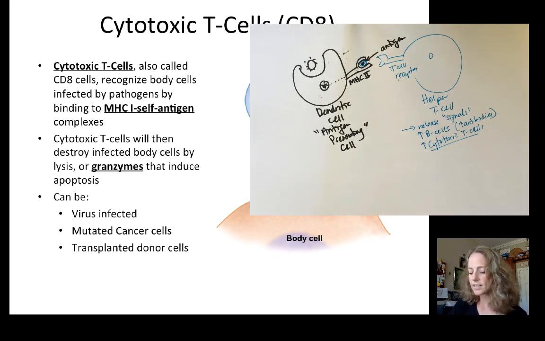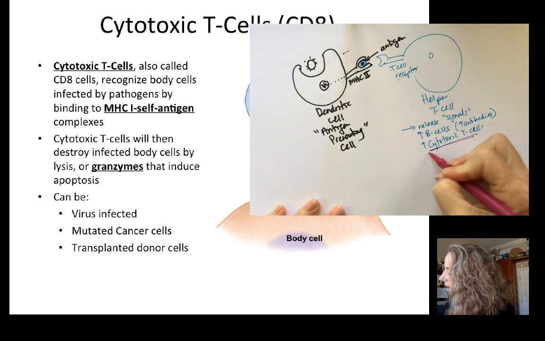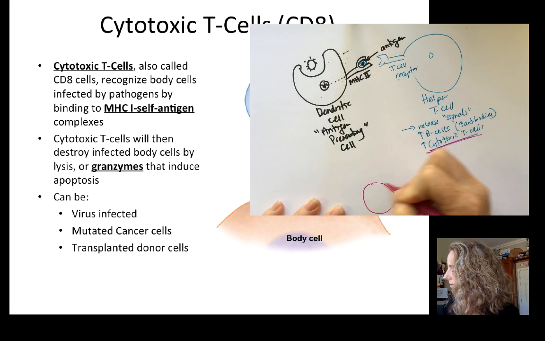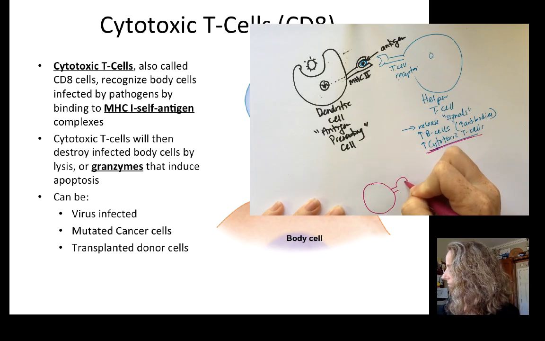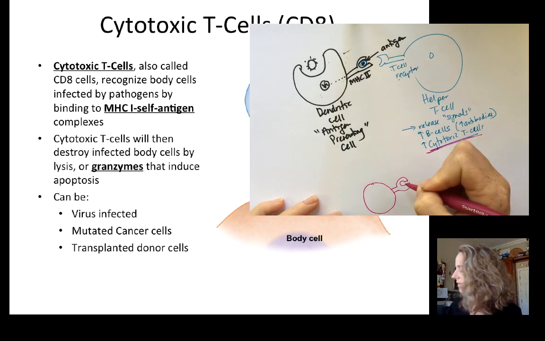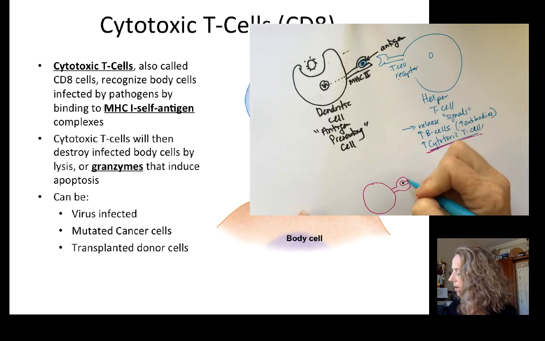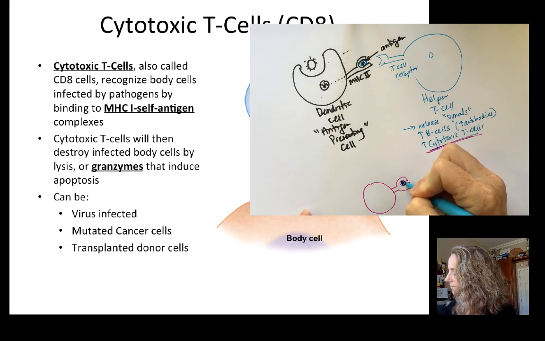So the cytotoxic T cells, let's draw them in pink actually. So now the cytotoxic T cells, armed with information that there's an antigen to be found, are going to look for that same antigen that was found by the helper T cell.